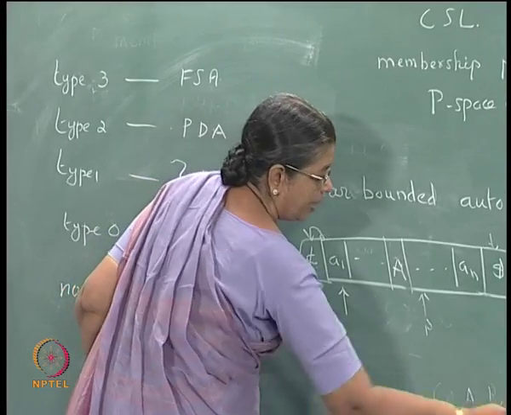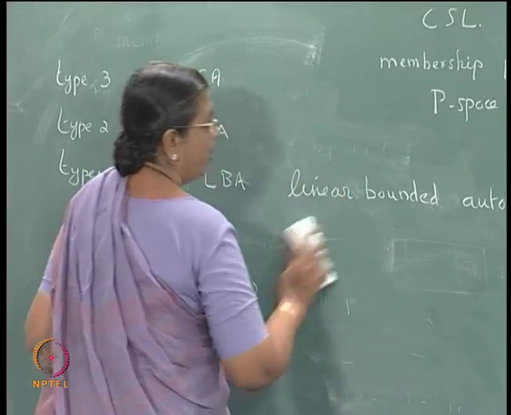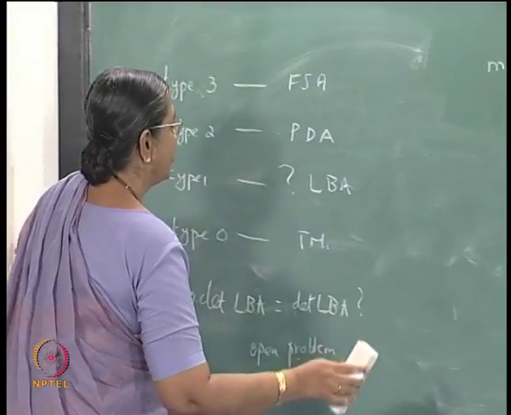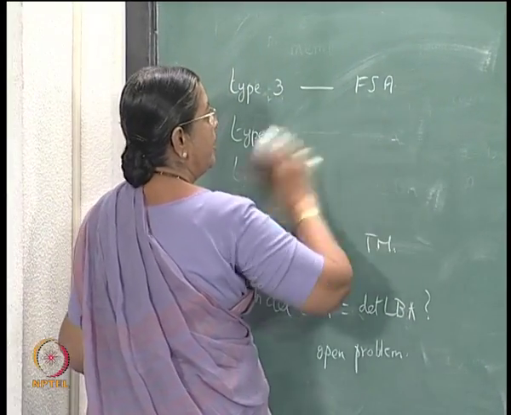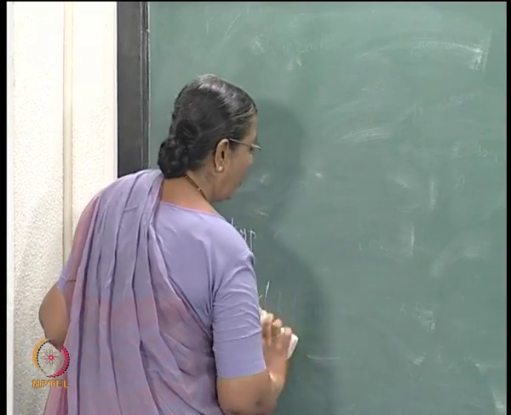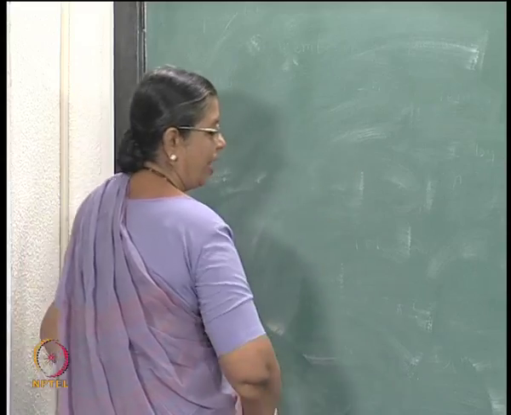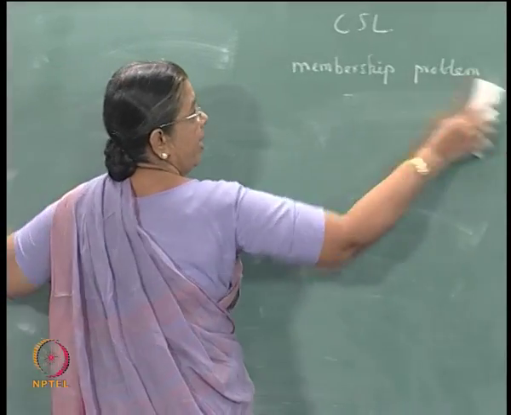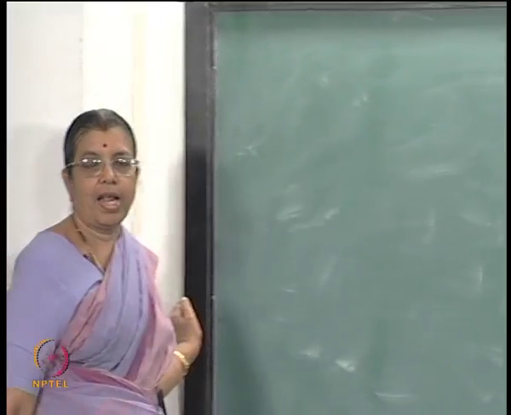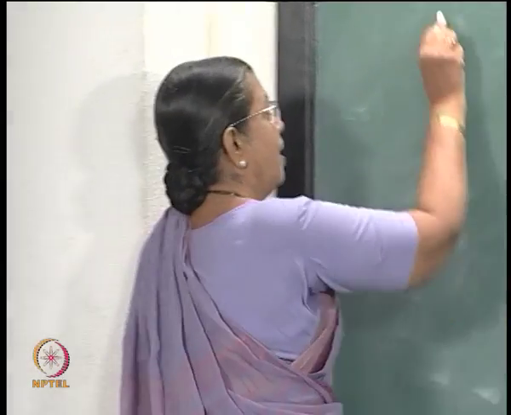Now, Rice's theorem says that any non-trivial property of the recursively enumerable languages is undecidable. So any property you take, you can very easily say whether it is decidable or not. But what about properties of Turing machines?